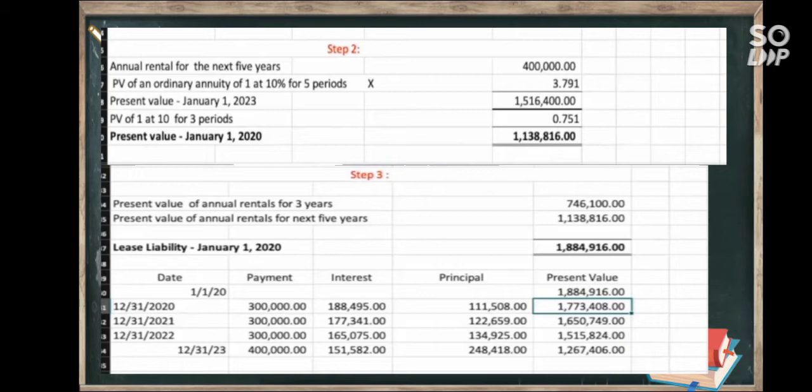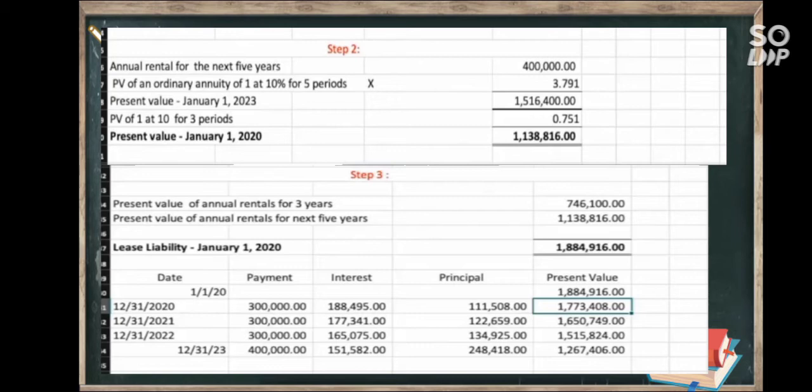The difference between the payment and the interest will be the amortization. Payment minus interest, the amortization is 111,500. So, as of December 31, 2020, the present value is 1,515,824.